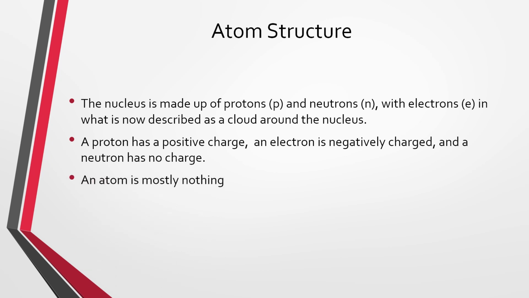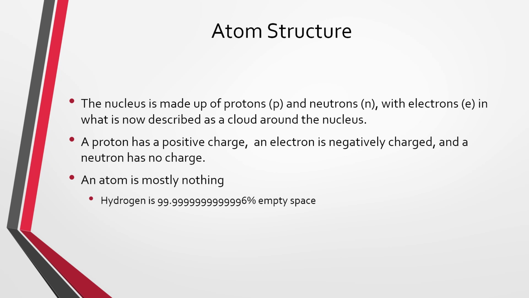An atom is mostly made up of nothing. The nucleus is in the center of the atom, and with the electrons in the cloud around it, the spaces in between make it so that something like hydrogen is 99.9996% empty space.